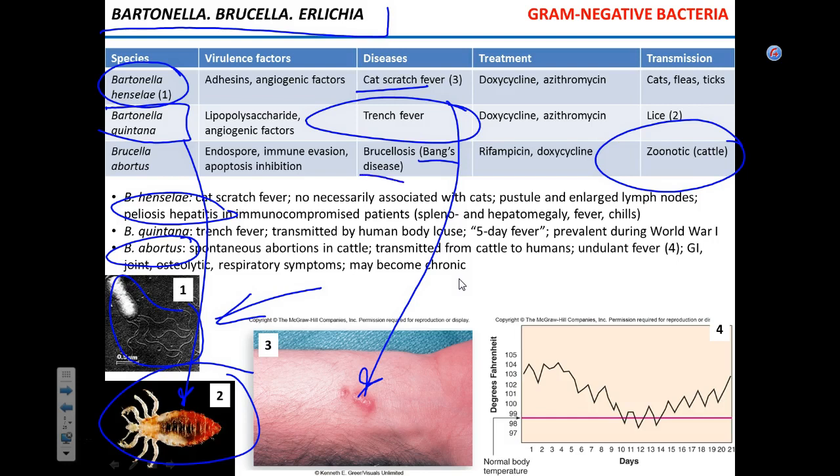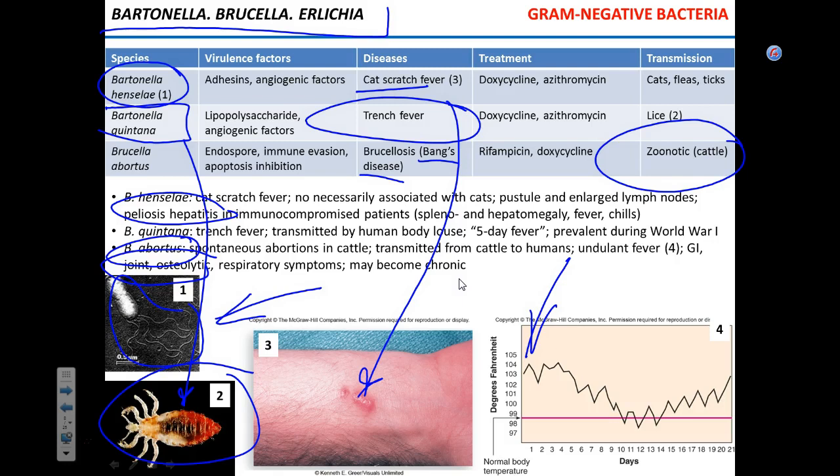All those names mean that same disease. It's called undulant fever because during the course of infection, the body temperature of the patient changes, going high-low, high-low. This infection is treatable, but it can become chronic, and it may lead to infections of the bones and joints.